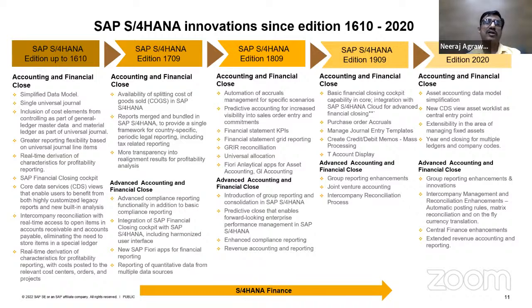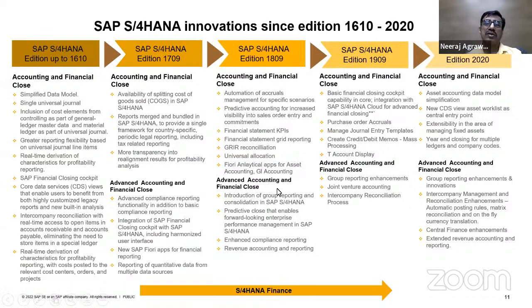This is how much we have done. Some of the key things are the single universal journal and the simplified data model that I was just talking about, where we removed the totals, we removed the indexes, and have one single universal journal, which is the key. Then we have the financial closing cockpit, which has made things much simpler.